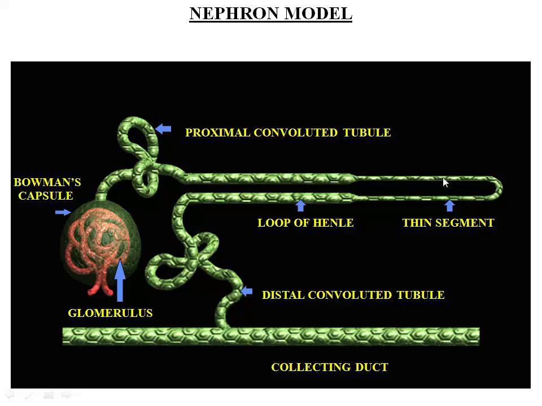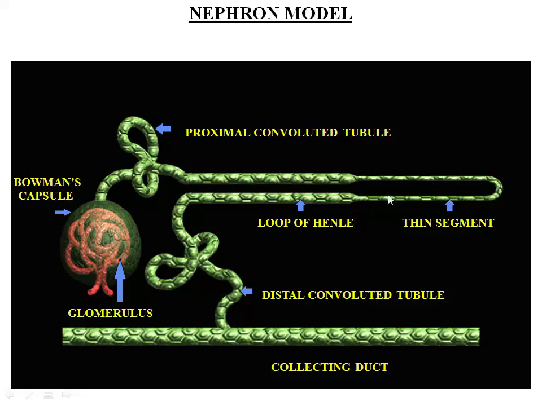And when the same cellular type reaches the loop of Henle, they are very flat and totally squamous epithelial tissue. Here there is no cuboidal appearance, there is no brush border there. It's just a thin squamous epithelial tissue as we see in blood capillaries.